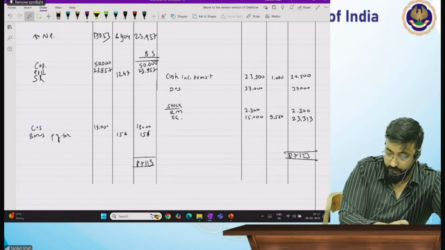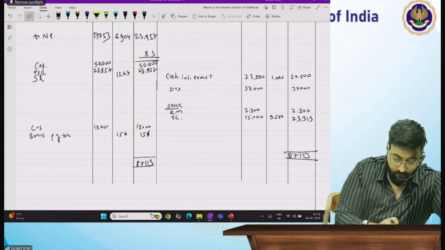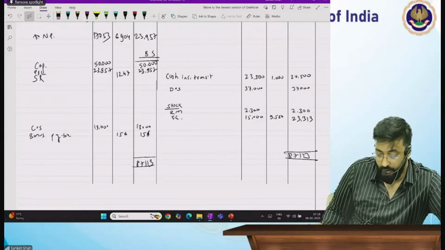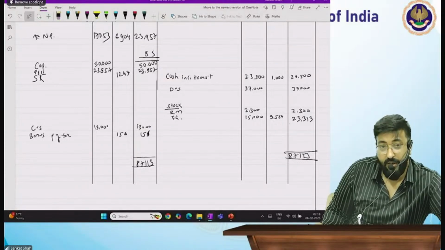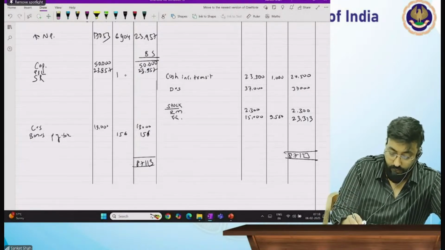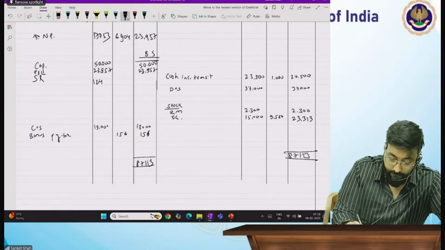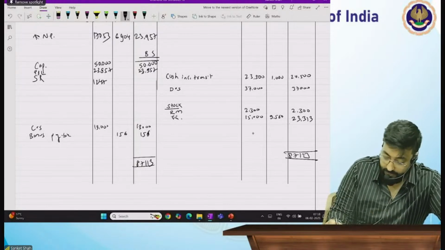I'm not getting this figure, beta. Where am I getting the wrong answer? My net profit is correct? Yes, sir, net profit is correct. Oh, sorry, 1,247 in the head office. Yes, head office column.